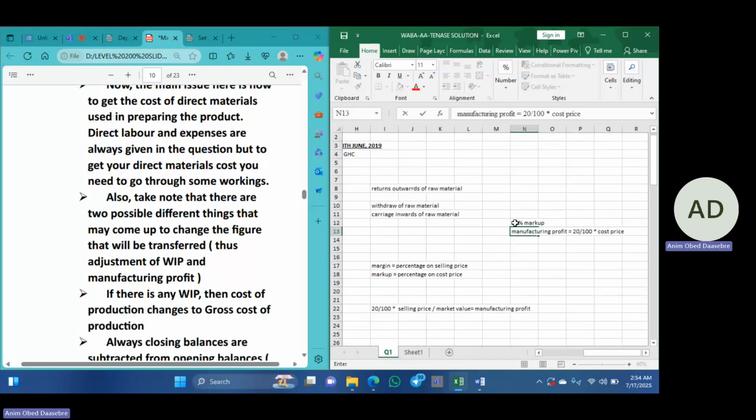And this cost price is either the production cost or the cost of goods produced, depending on whether or not you have work in progress.